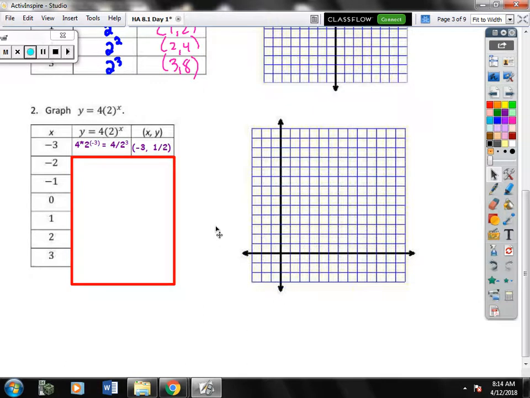We'd have 4 times 2 to the negative third power, which would be 4 times 1 over 2 to the third power, which would be 4 over 8, which then reduces to be 1/2. See if you guys can complete the rest of the chart, and then you will need to scale your axes to fit all of these numbers on there. So you'll have to scale, and you'll notice that this one is a little bit more skewed.